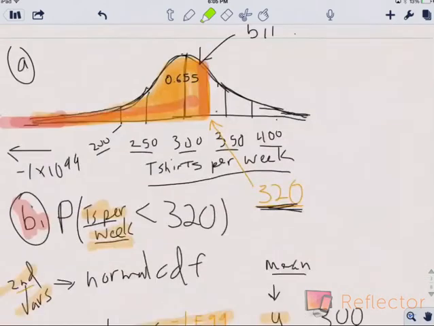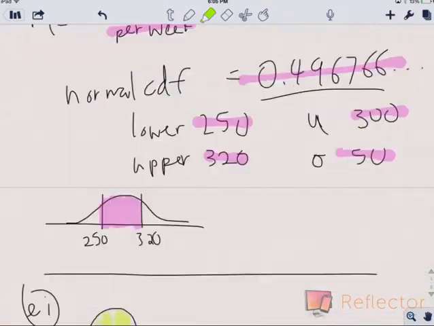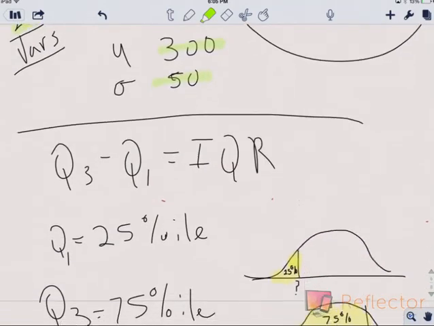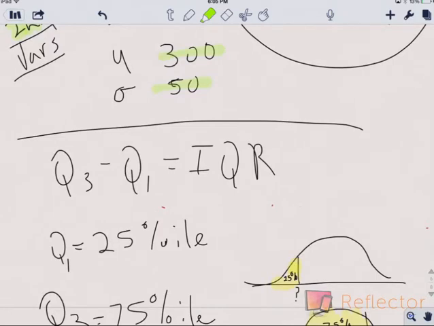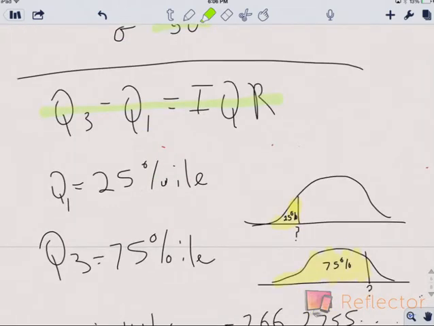Well, this is a multi-step part. First thing we have to do is remember some facts about interquartile range. The first is that interquartile range is equal to Q3 minus Q1. The second is that Q3 is the 75th percentile and Q1 is the 25th percentile.